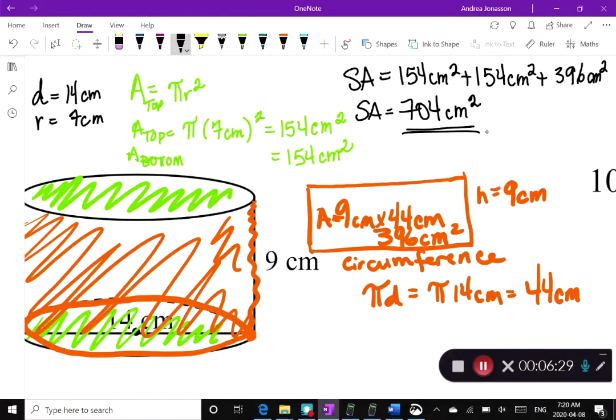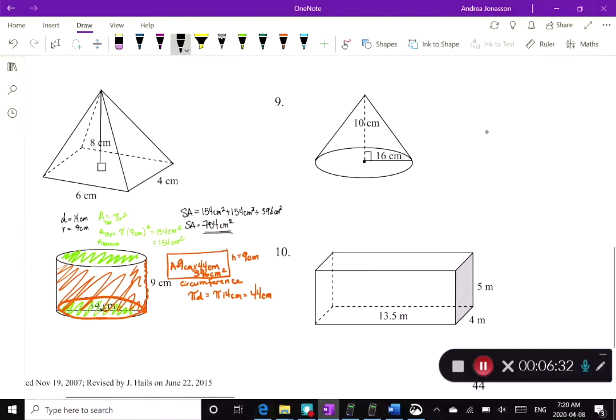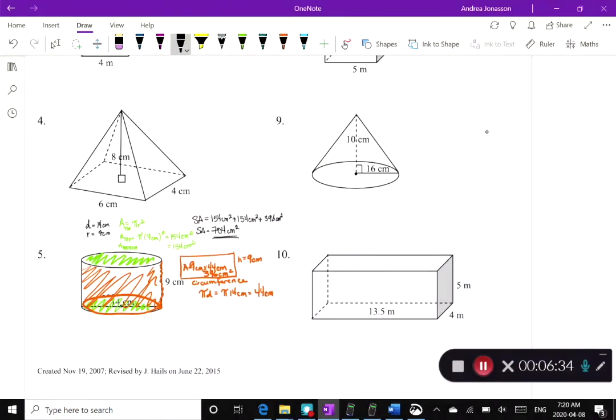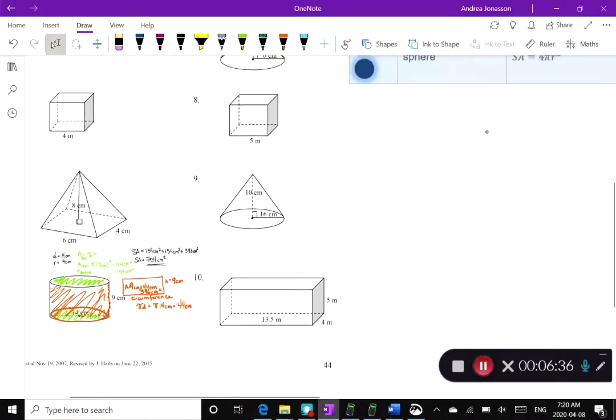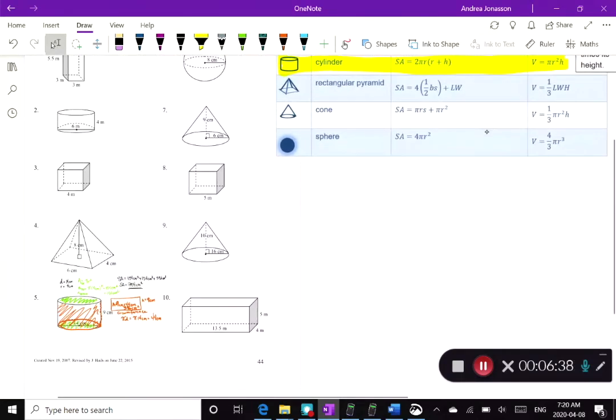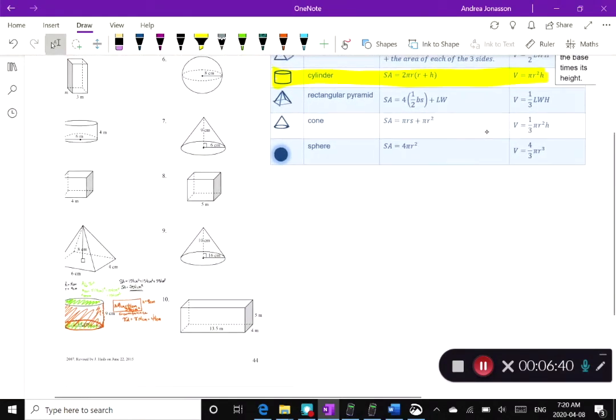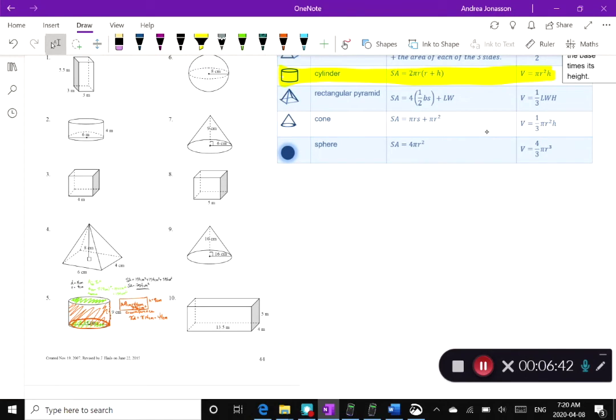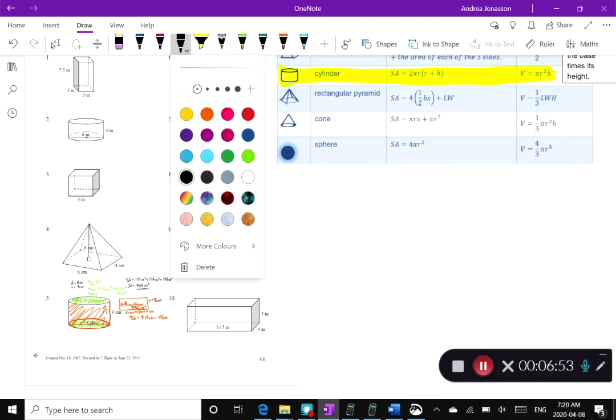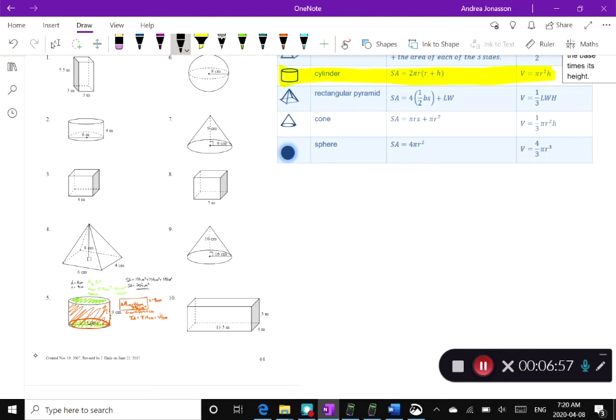Okay, let's see what we get using our formula. I'll just write these dimensions larger so you can still see them.